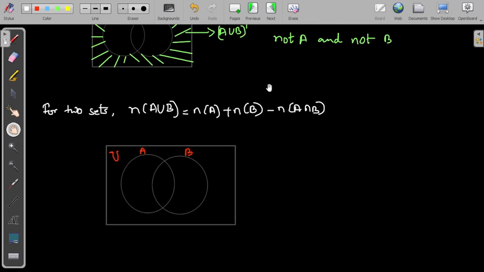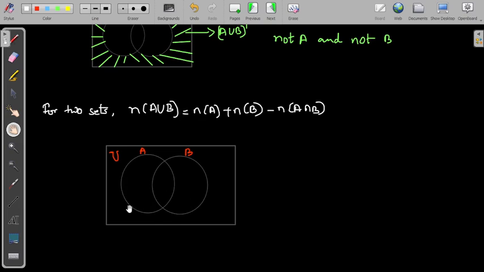The formula is given this way: n of A union B, the number of elements in A union B, equals the number of elements in A plus the number of elements in B minus the number of elements in A intersection B. The region contained within these two circles is called the union.